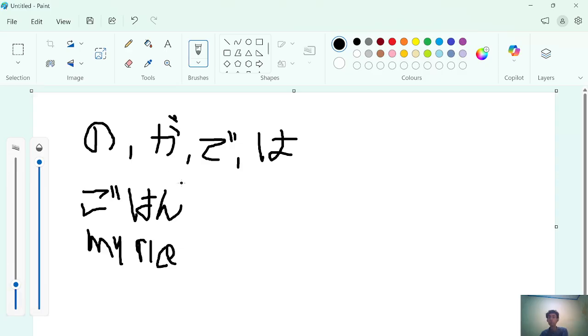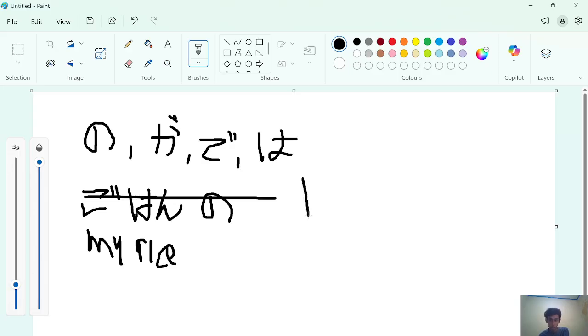And if you want to describe a possession, you add particle no. Sorry, this is wrong.